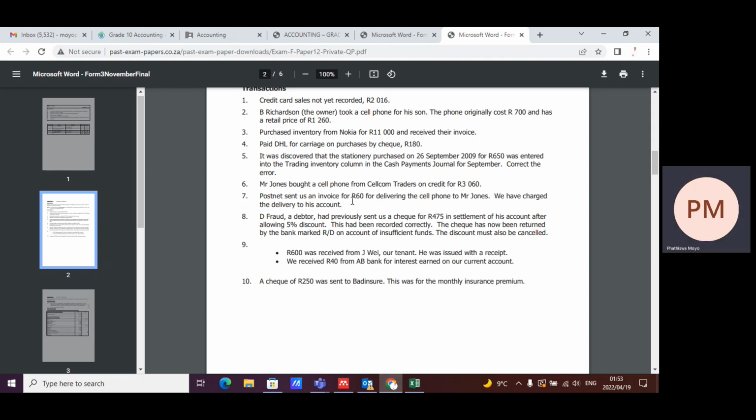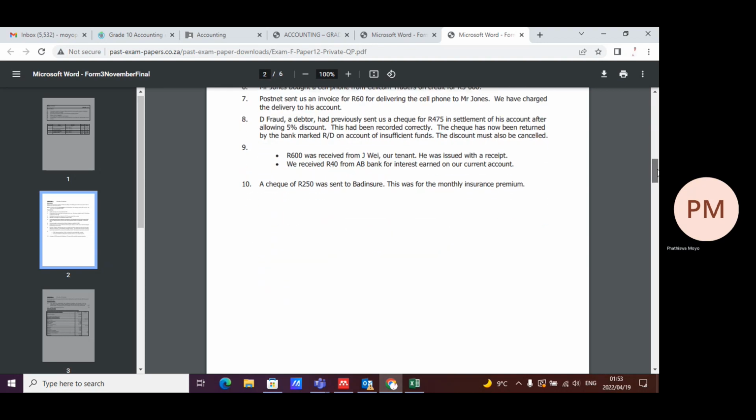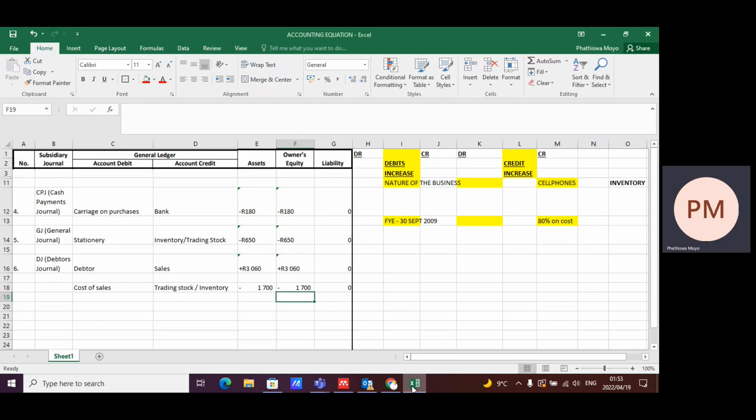Then Postnet sent us an invoice for 60 Rand for delivering the cell phones to Mr. Jones. We have charged the delivery to his account. So now we need, that was number 7.